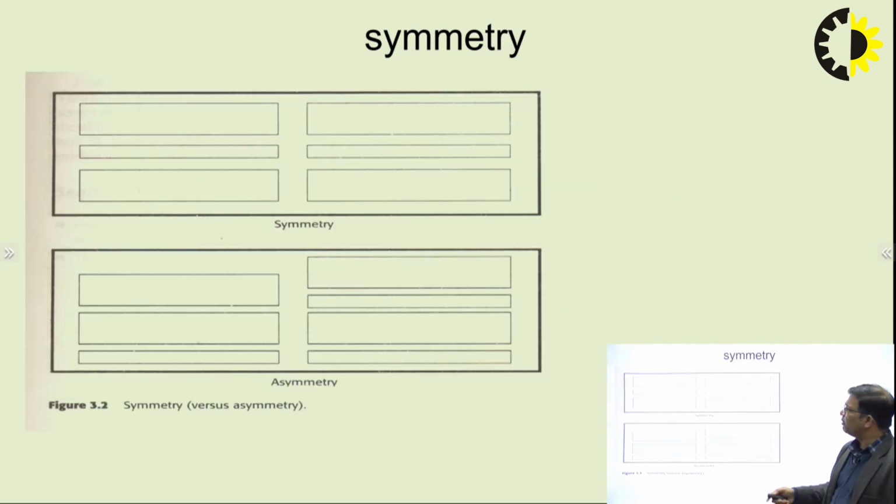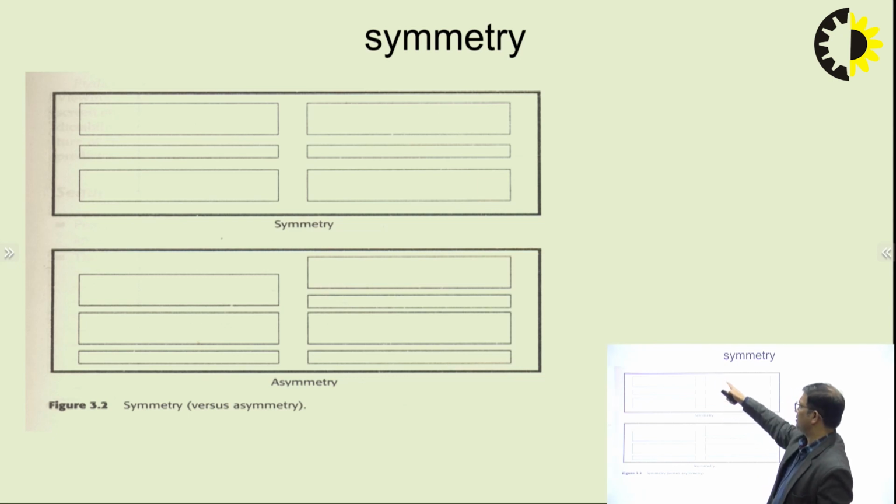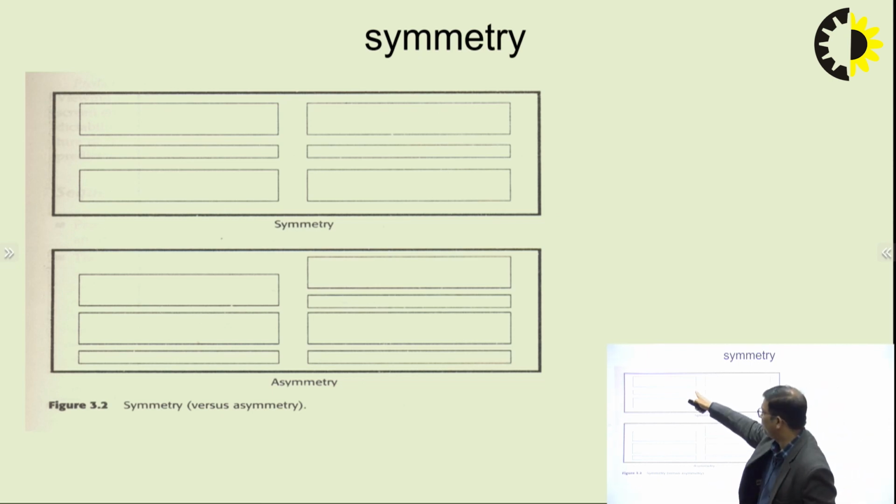So, this is symmetry. In this one also, there are two at the left hand side with the same size, and on the right hand side also the same size, the top and bottom, and the middle is of lower breadth and height. So, this is symmetry.